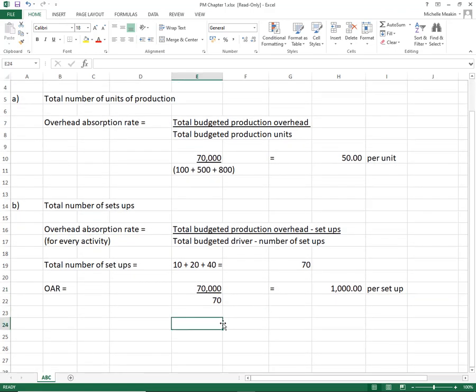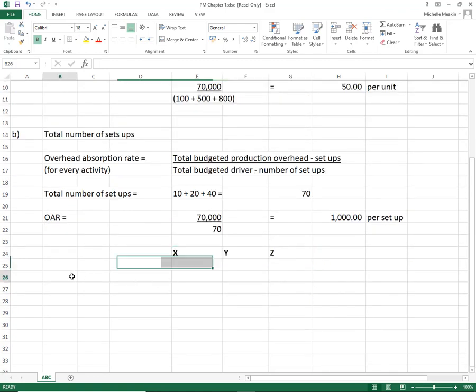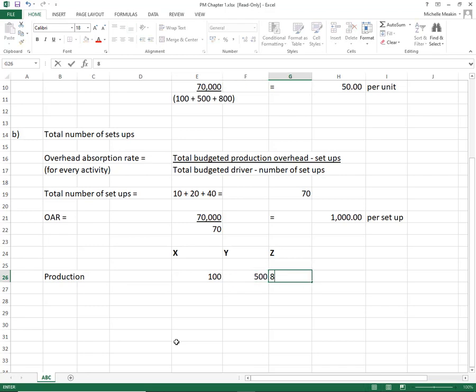You have in this example 3 products, X, Y, and Z. So what we're going to do is we're going to look at, well, what are we producing? So production budgeted for the period was 100 of X, 500 of Y, 800 of Z. I will then take down the number of setups required, 10, 20, and 40.